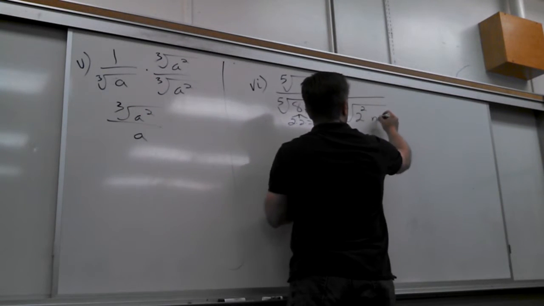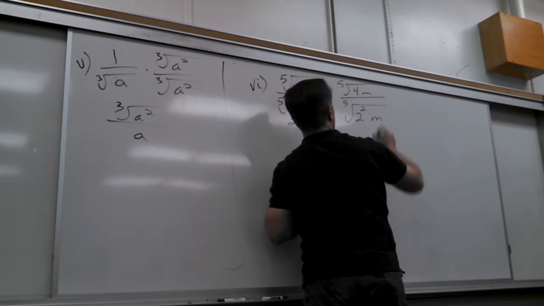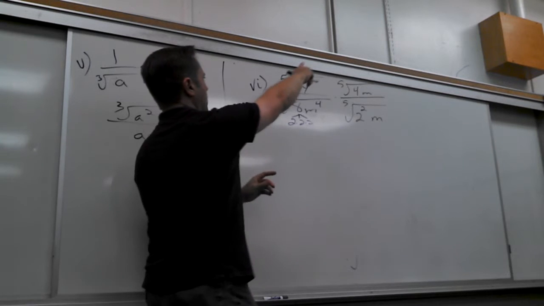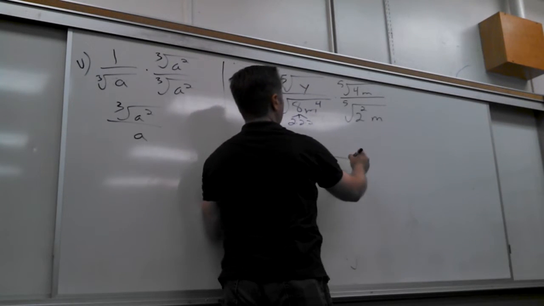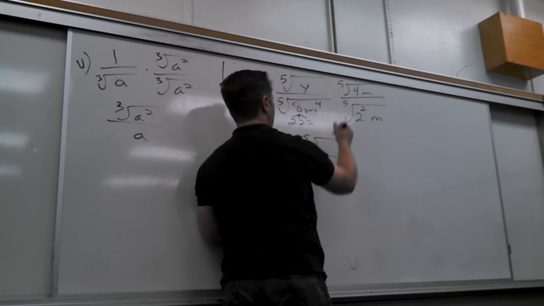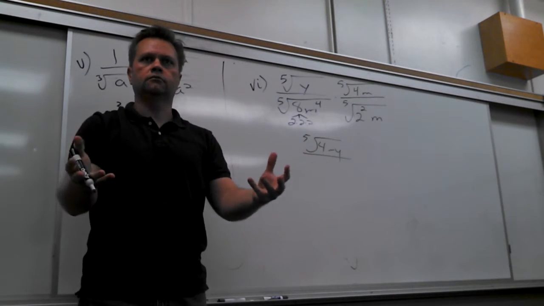The minute I do this, what I have to do on the top, same thing. So what do I get on the top? They're both the fifth root, so I just slam them together. So the top just has whatever happened just happens to them.